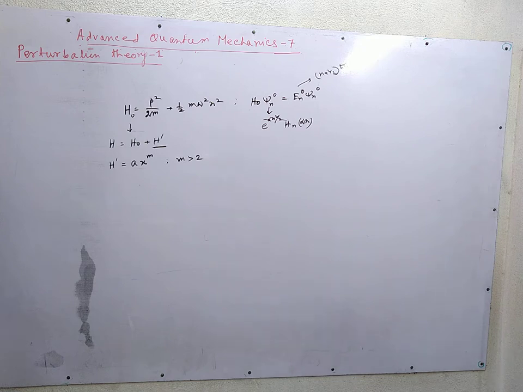But if the magnetic field is not strong enough, then the electron will continue its motion about the nucleus in a closed orbit, but the orbit will be slightly disturbed from the original orbit, that is the orbit that the electron was following before the setting on of the magnetic field. But if the magnetic field is strong enough, then the electron breaks its bondage with the nucleus and follows a helical path. In that case, the additional term cannot be treated by perturbation theory.